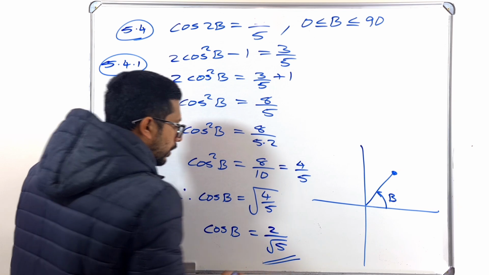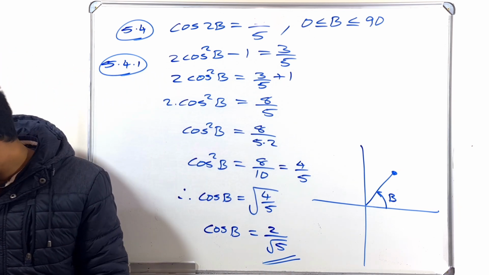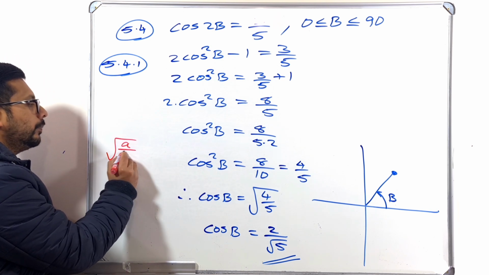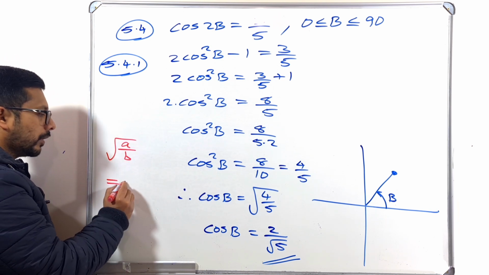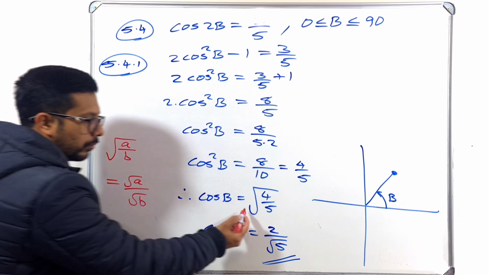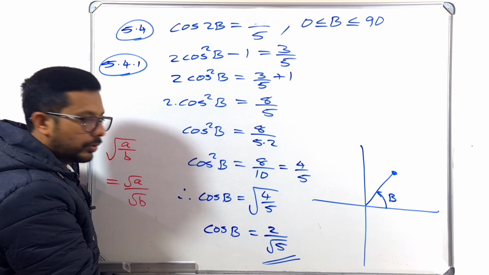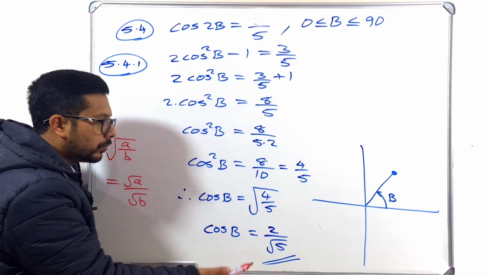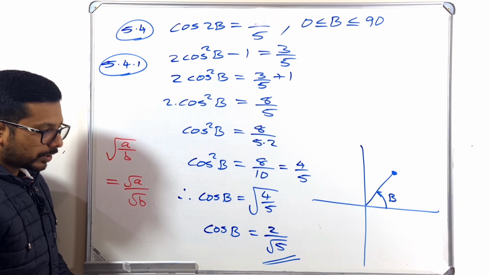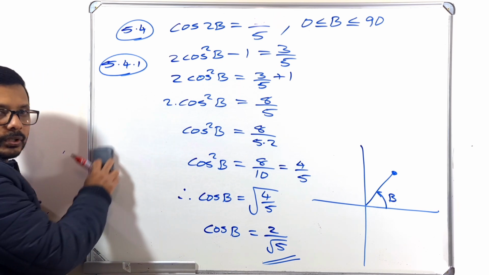So in the exponential rule you studied, root of a by b is the same as root a divided by root b. So root of 4 by 5 is root 4 divided by root 5. What is root 4? It is 2. Then divided by root 5. Okay, so we got an expression for cos b, that is 2 divided by root 5.